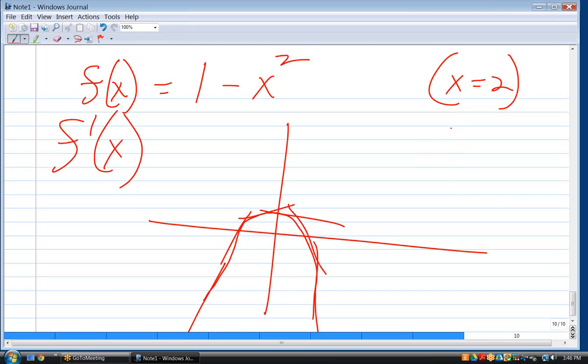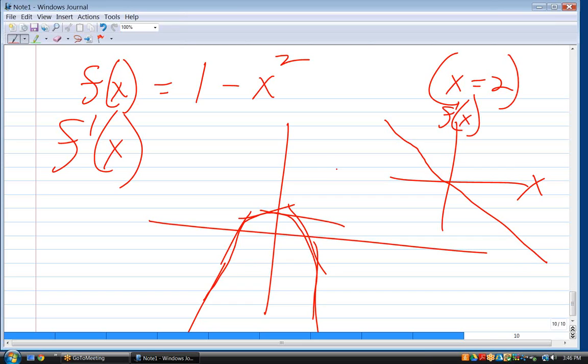Notice that if I were to graph the slopes, it starts positive, and it goes negative. So this would be f prime of x. This would be x.